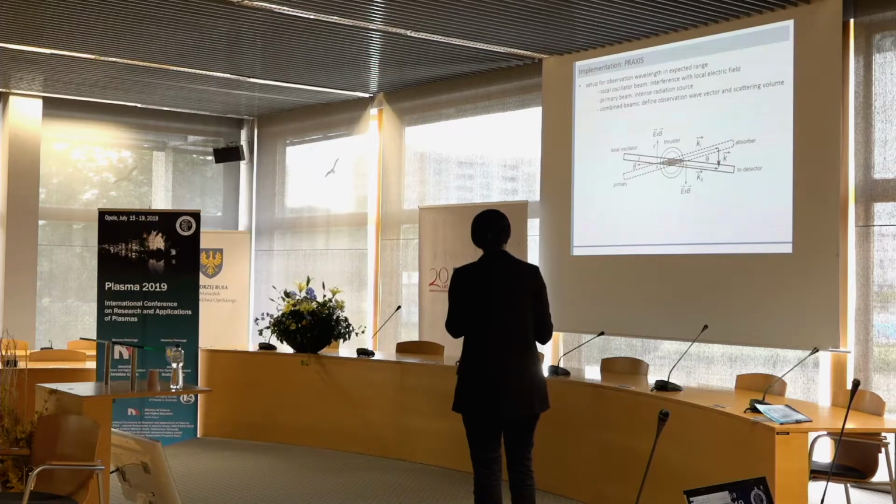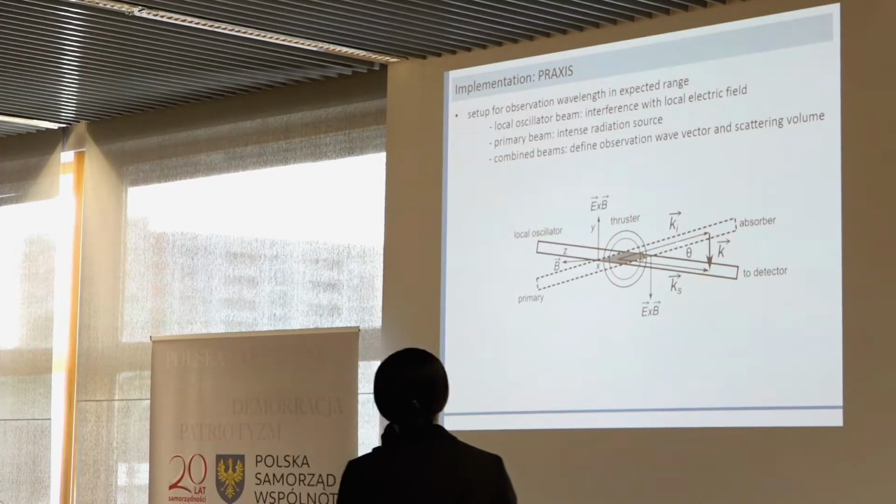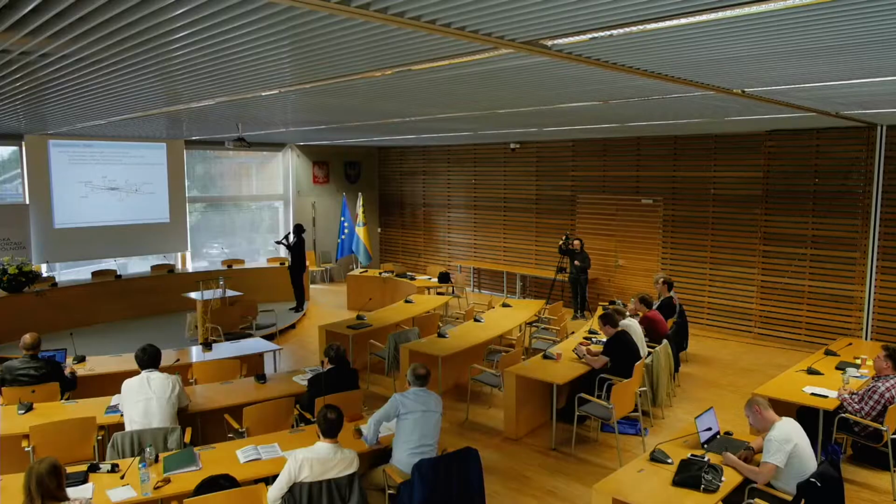The combined beams intersect in front of the thruster, and this is the observation volume, which is defined by their intersection. And this is the observation wave vector, K. As you can see from this setup, we can change the angle, theta, between the beams, and that automatically changes the length scale that we are looking at. But at the same time, we can also change the plane in which this particular wave vector is situated.